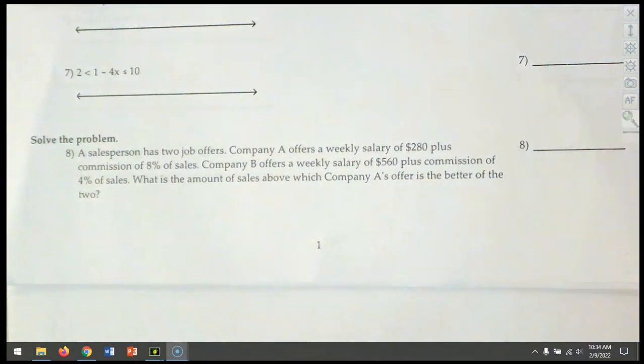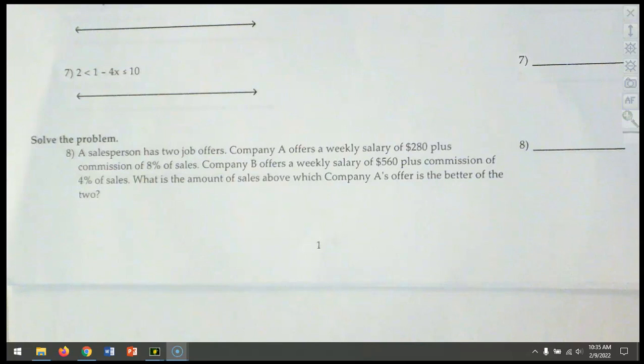So we're going to look at 2 different job offers. And we want to come up with an inequality to help us make the best decision possible as to which job we should apply for and take.